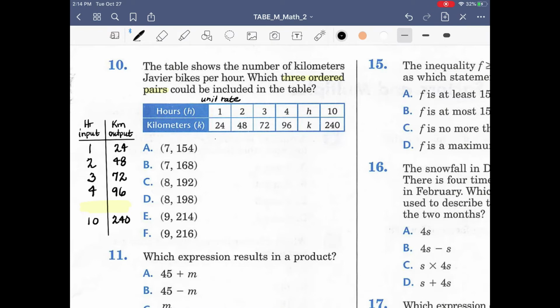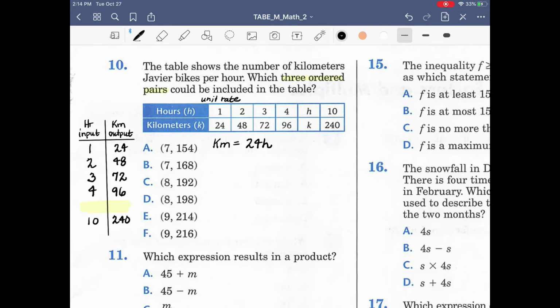We know that the kilometers, the output, is equal to 24 per hour. So kilometers will be 24h. And then once you get that equation, you can test each of these options.